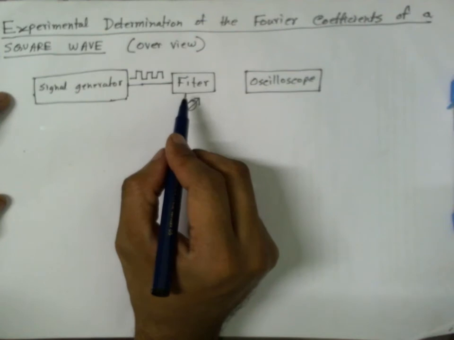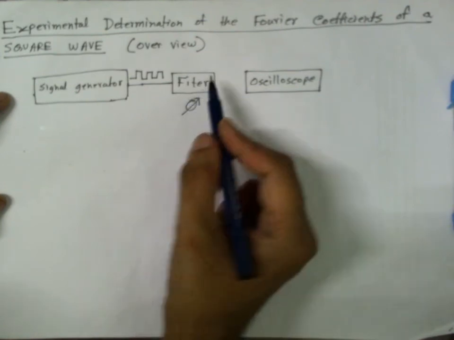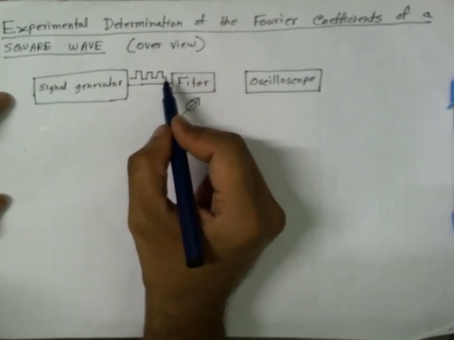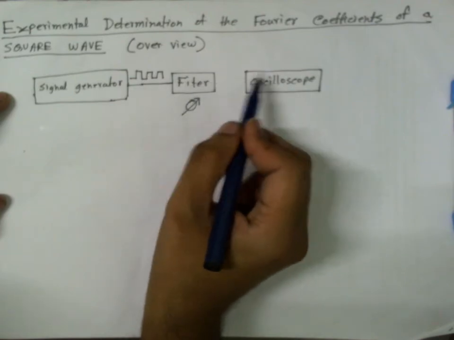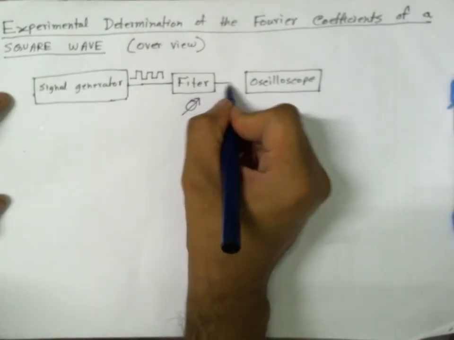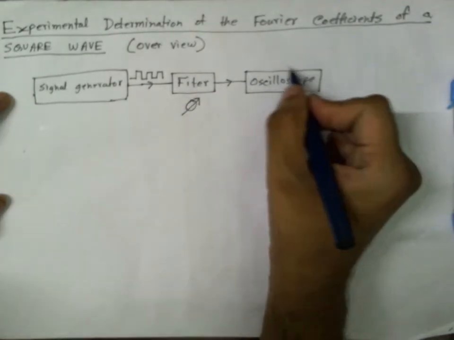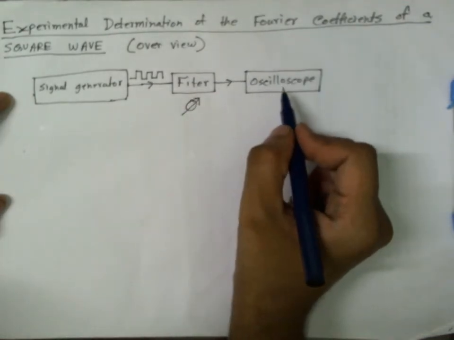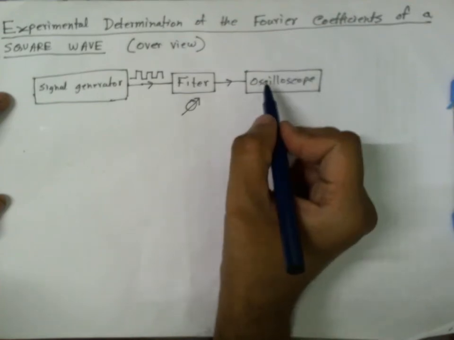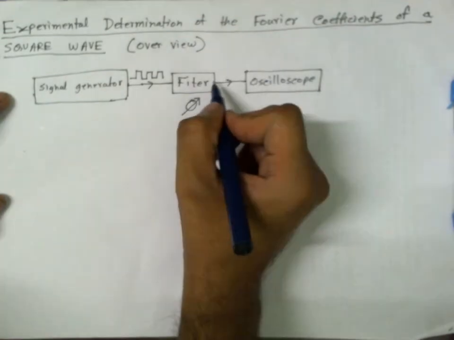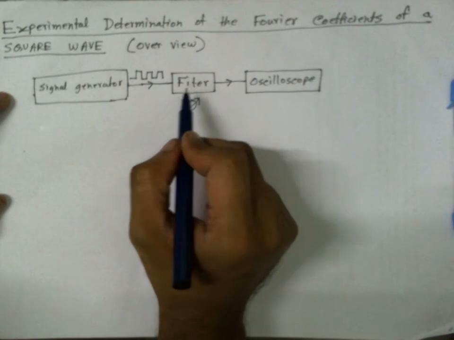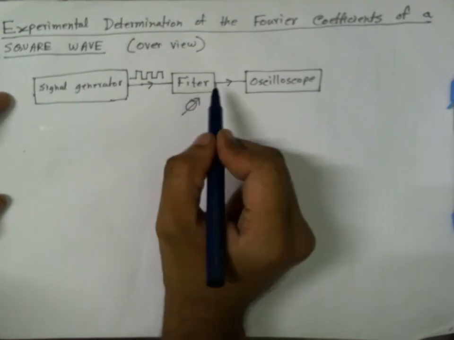The purpose of this filter is to block certain frequencies and pass certain frequencies out from here. And then this measuring device, this oscilloscope, can measure the amplitude of the frequency which is passed through this filter.